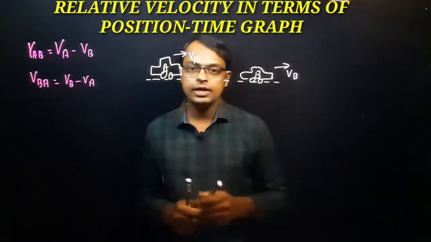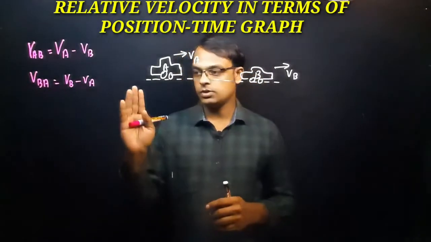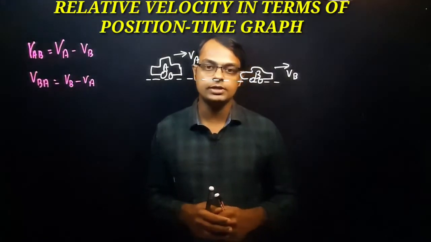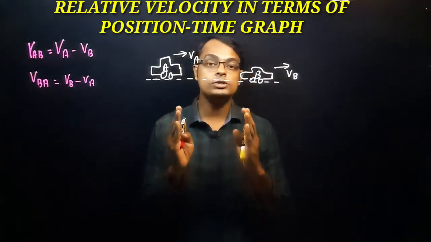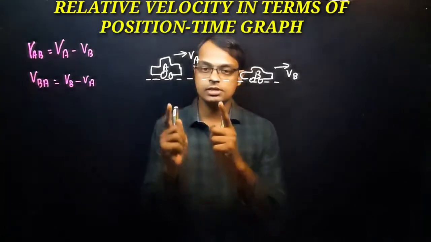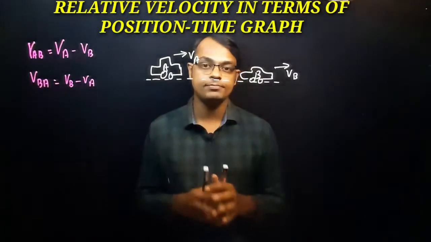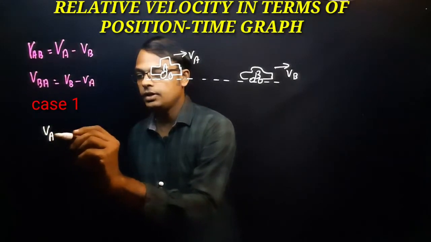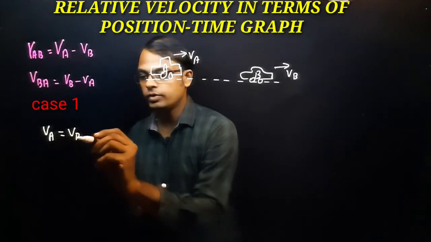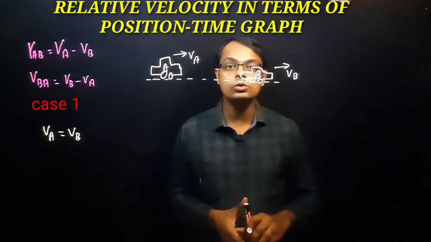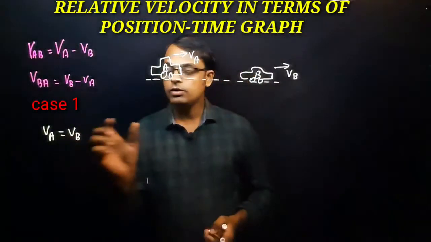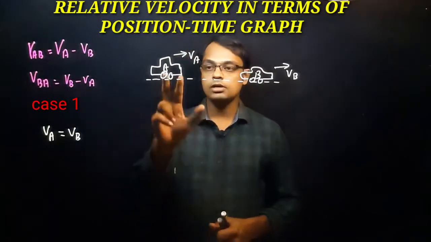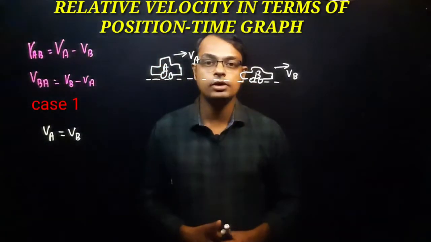So the first case we are going to deal with here. What is the first case? When the velocities of both the objects, in this example two cars, are the same. So we can write here VA is equal to VB. What is the meaning of VA equal to VB? Say, for example, this object is traveling with 10 meter per second.